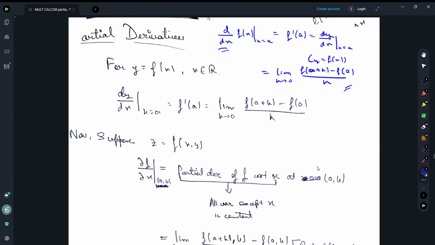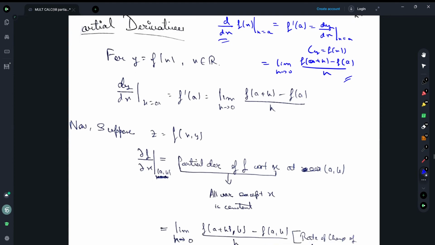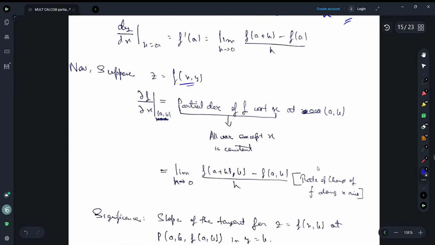In case we have more than one independent variable, for example this multivariable function z equals f(x,y), the value of this function might change along the x-axis or along the y-axis. What I mean is that the value of this function might change along the abscissa or along the ordinate. When we change the value along the abscissa, we get the rate of change of this function along that particular axis only.